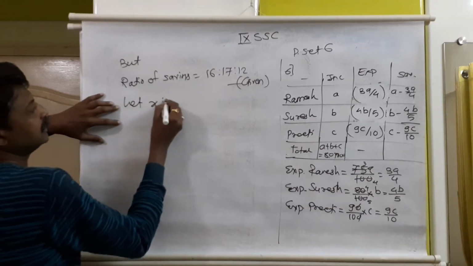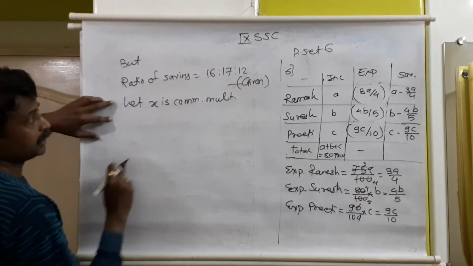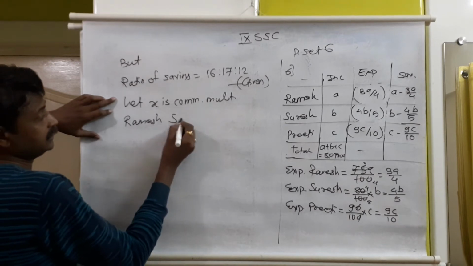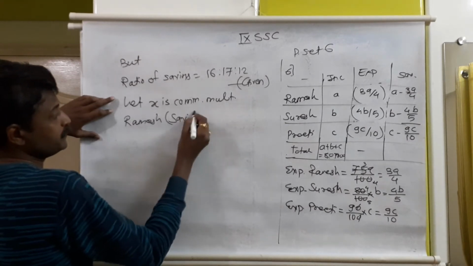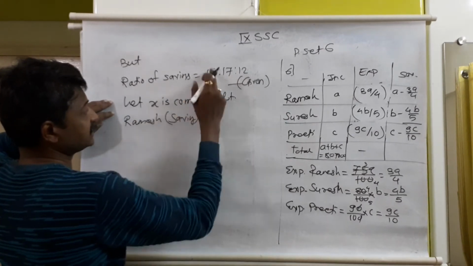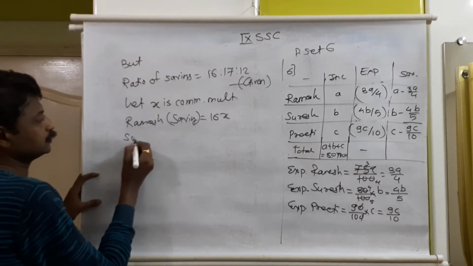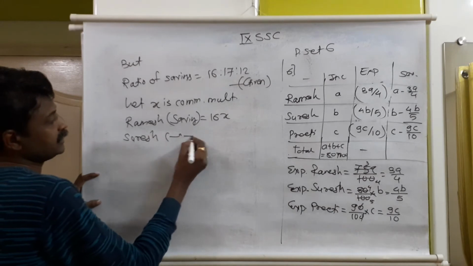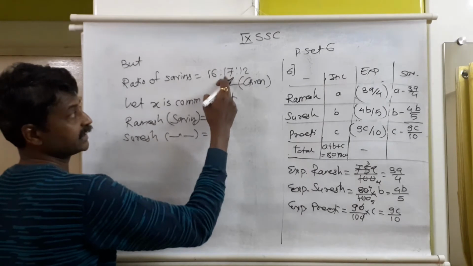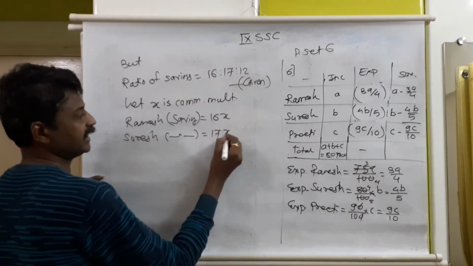So to get the annual saving, we will consider the common multiple as x. So let x be the common multiple. For the first person, Ramesh, the saving is 16 into the common multiple x, so 16x will be the saving for Ramesh. For Suresh, the ratio is 16 is to 17 is to 12, for first, second and third person, so 17 into x, 17x for Suresh.